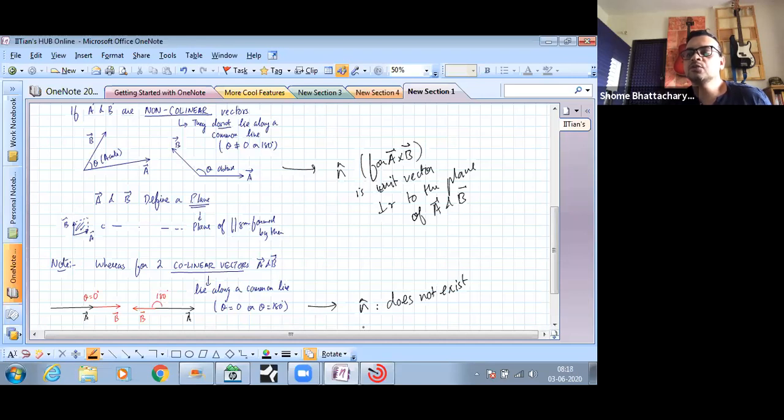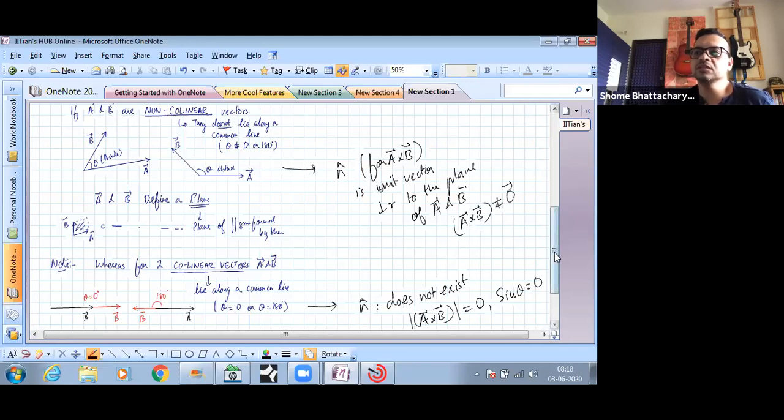But in any case, what happens in such a case is that A cross B has a magnitude of 0 because sine theta is 0. Okay. So that's beside the point for the moment.